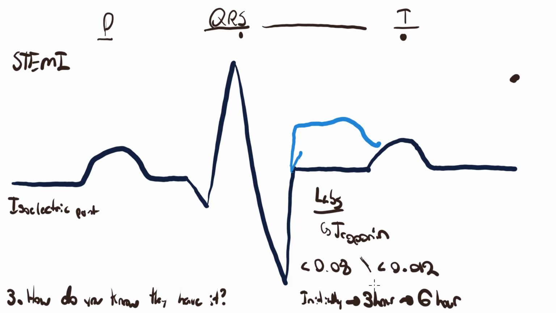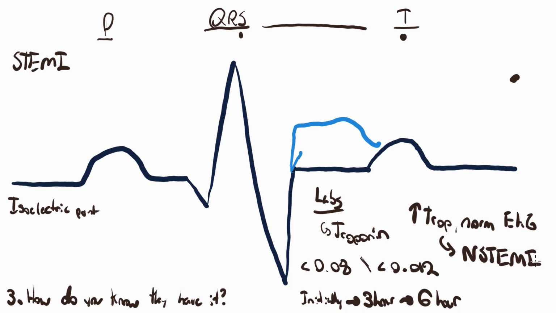If the EKG does not show any changes, no ST segment elevation, but high troponin, so high trop, normal EKG, what's going on? It's called an N-STEMI, which is a non-ST segment elevation myocardial infarction.